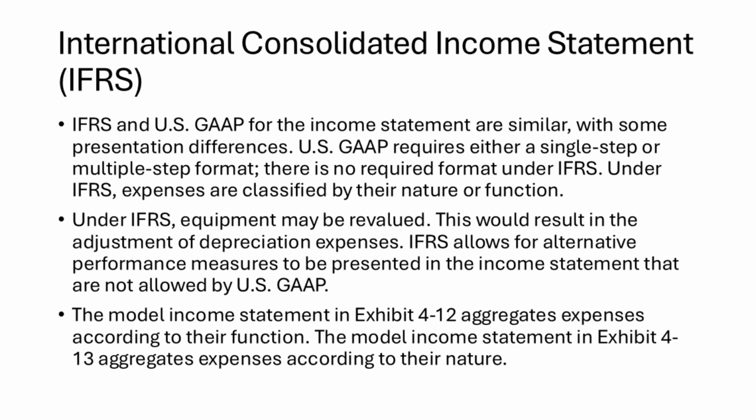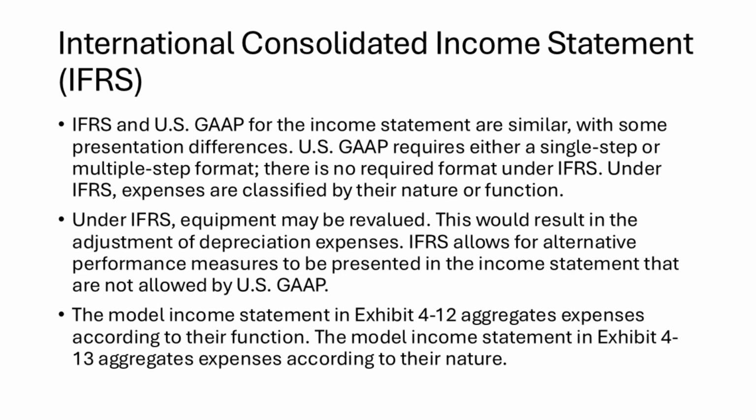IFRS and US GAAP for the income statement are similar, with some presentation differences. US GAAP requires either the single-step or the multiple-step form. There is no required format under IFRS. Under IFRS, expenses are classified by their nature or function.